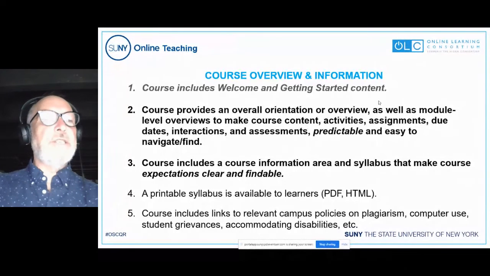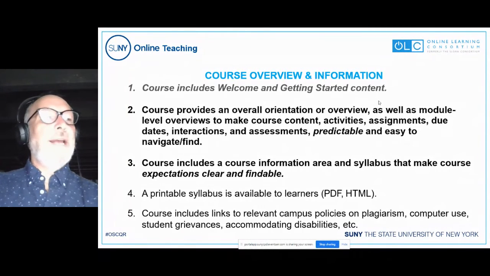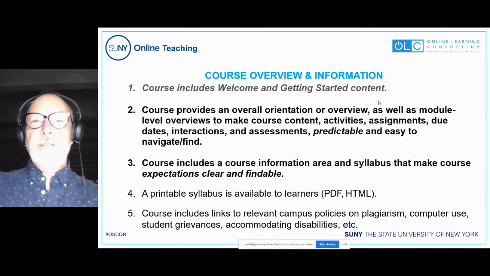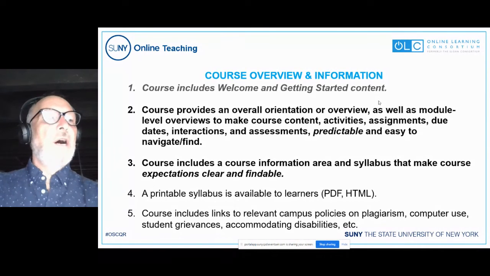But as you can see in Standard 2, we want to make sure that online students have an overall orientation and overview, and included in that is some wording around how all content should be predictable and easy to find. Standard number 3, we put in the wording that course expectations are clear and findable.